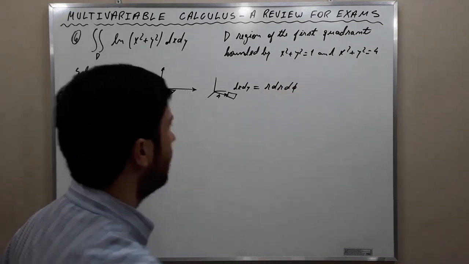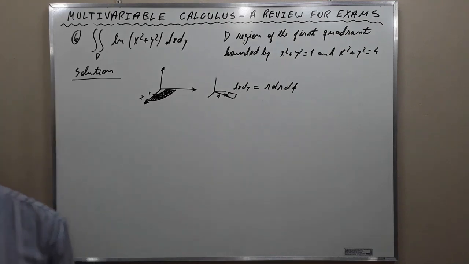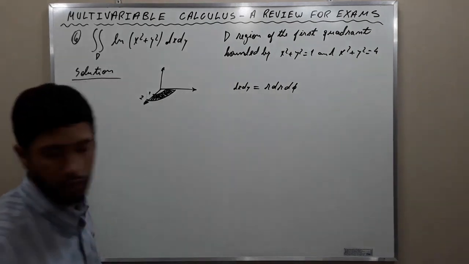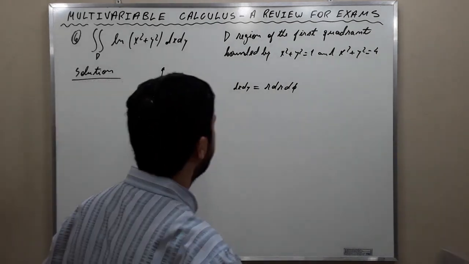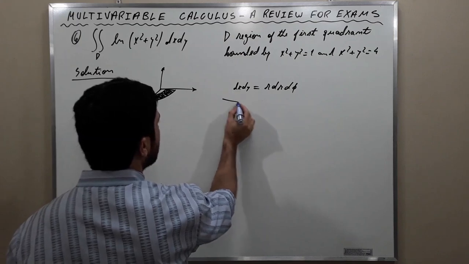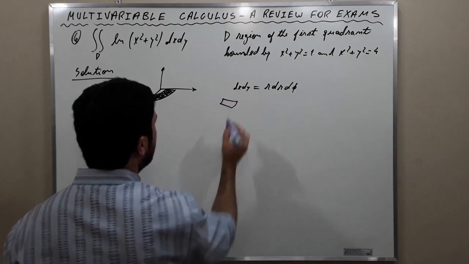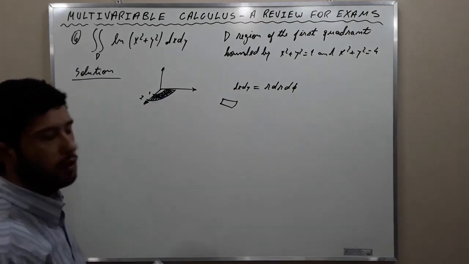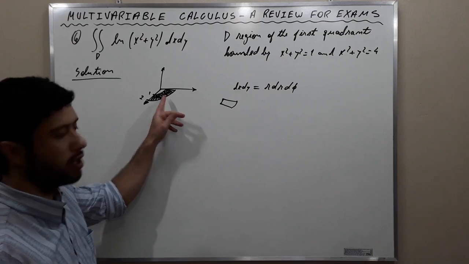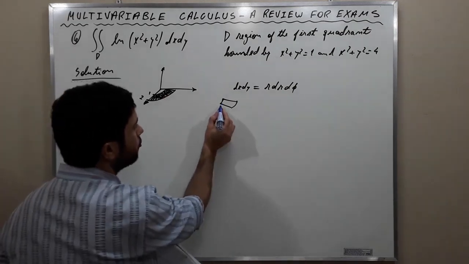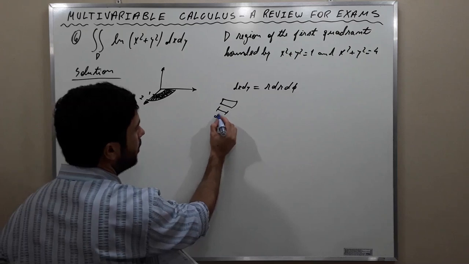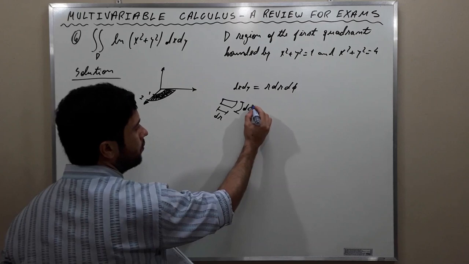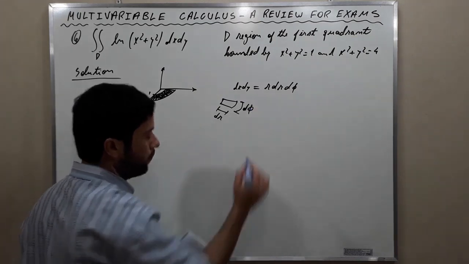Why r dr d phi? I'm going to show you this infinitesimal here. I am going to pick a very small surface here. It is going to vary here in dr, and it is going to vary here in angle d phi here.